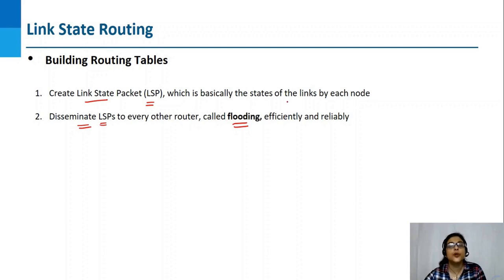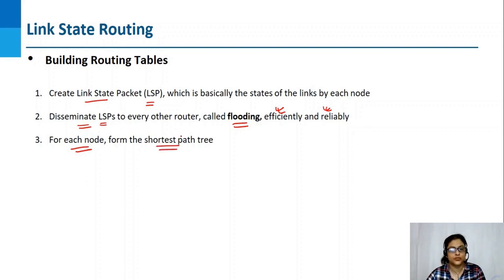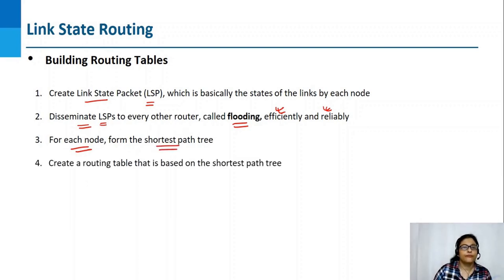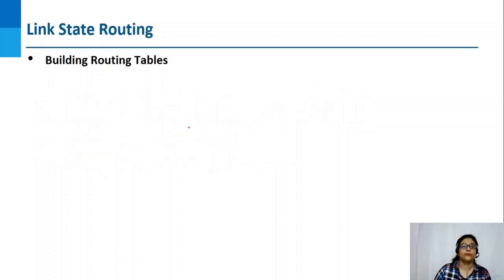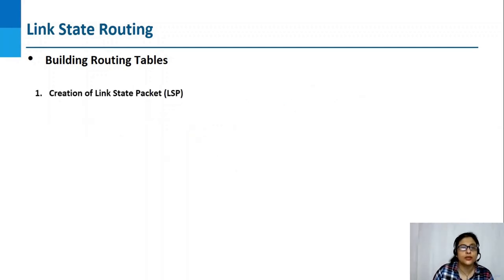The sharing must be done very efficiently and very reliably so that we have no loss of data. Now for each node, we have to form the shortest path tree. Now the 4th step is to create a routing table which will be based on the shortest path tree.